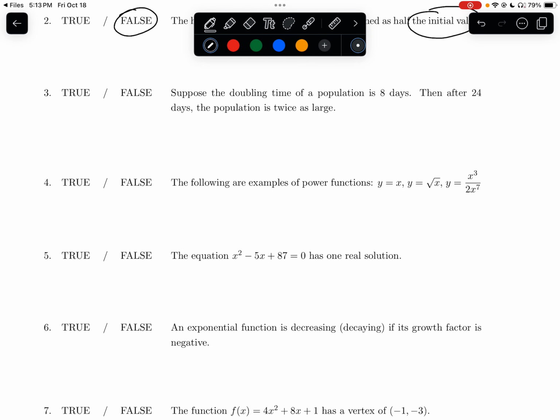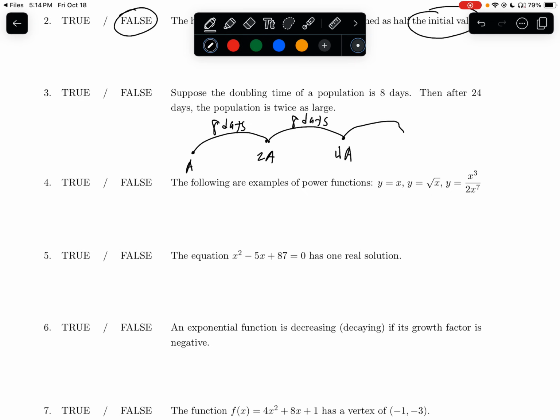Suppose the doubling time of a population is 8 days, then after 24 days the population is twice as large. So if I know the doubling time is 8 days, I start with some initial amount, A, and I go 8 days into the future, it would have doubled to 2A. So this is after 8 days. And then I go another 8 days into the future, and it doubled to 4A.